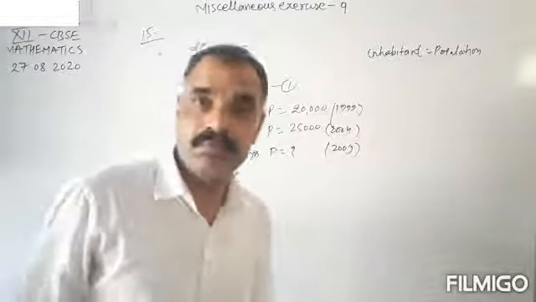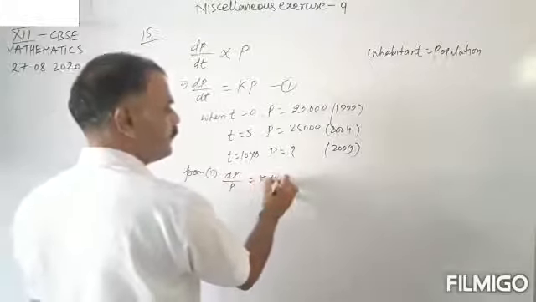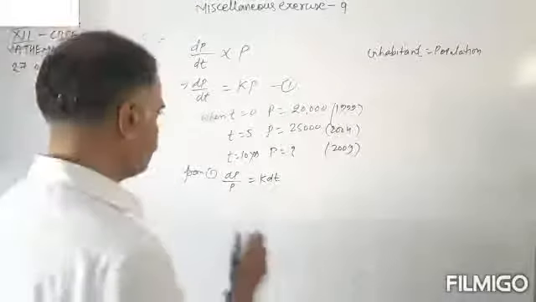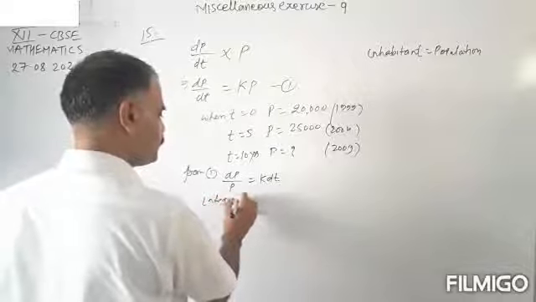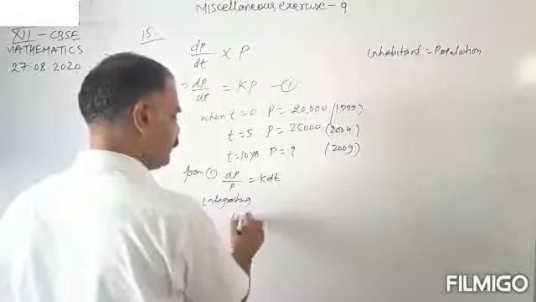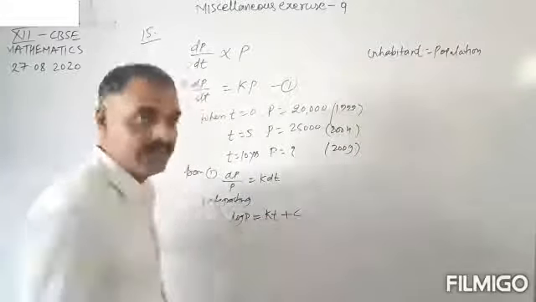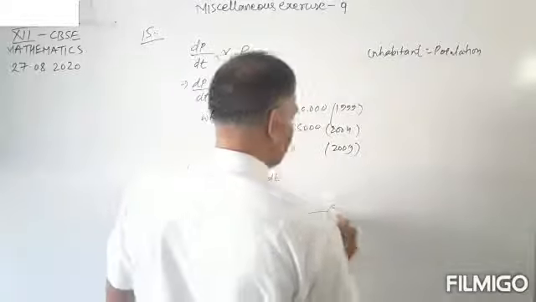This is variable separable form. Separating the variables, dp upon p equals k dt. Now integrating, dp upon p gives log p, so log p equals kt plus c. This is equation number 2.